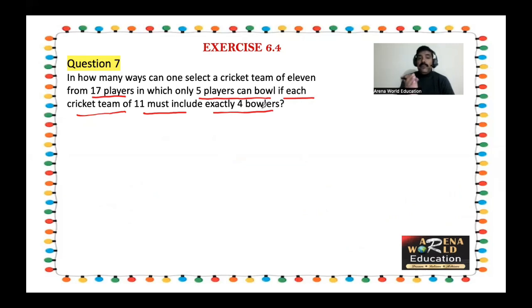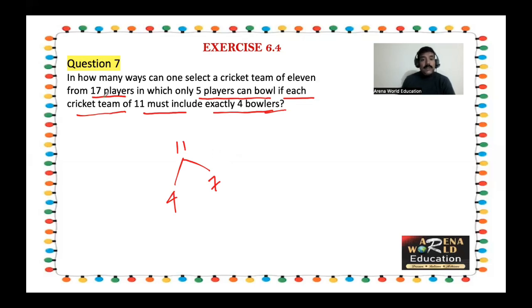So now, we are looking for exactly 4 bowlers. So if you see this one, total 11 players are there. So 4 must be bowlers and 7 will handle the different positions, right?